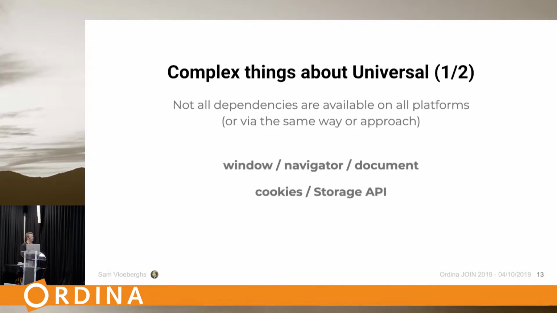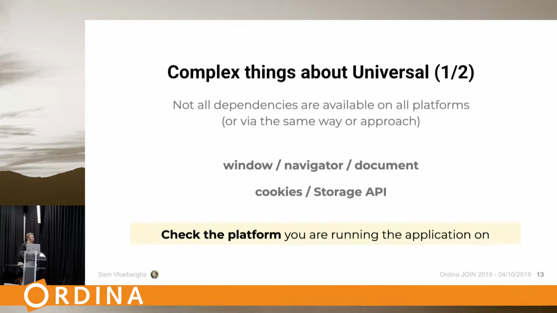For example, the window, navigator, and document global objects, or the cookies and the storage API, are not available on the server. You cannot get data from those objects or those APIs. So the main idea is that when you're developing an application for Angular Universal to render it on the server, you need to check the platform where your code is running.